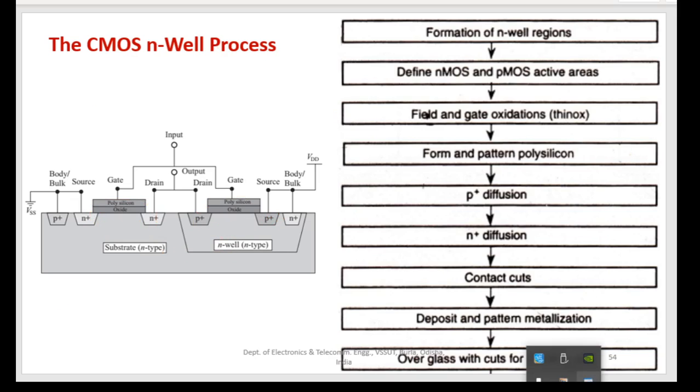Okay, again we can have a look at this. This PMOS is formed in one N-well region, so we need to form one N-well before forming the PMOS actually, right? So we had started here with one substrate, and we will create one N-well for forming the PMOSFET.